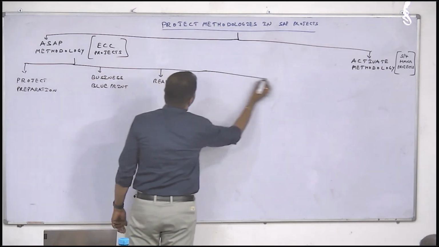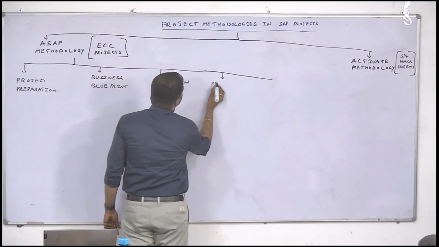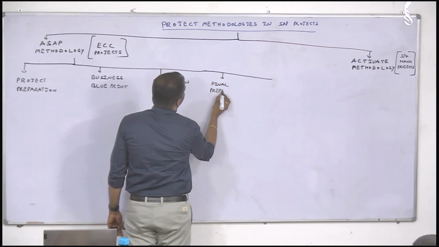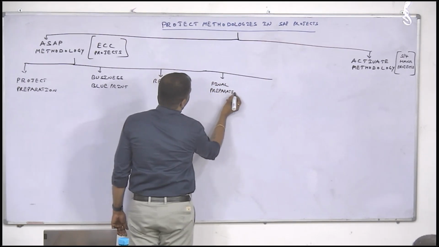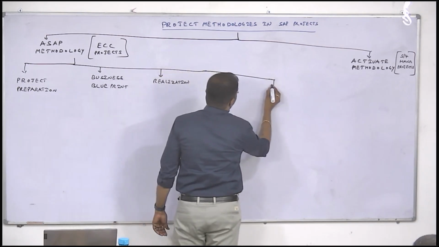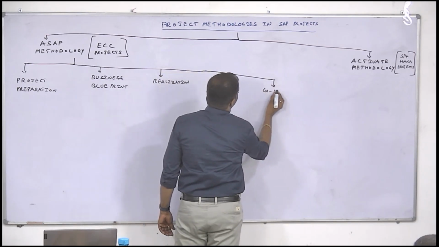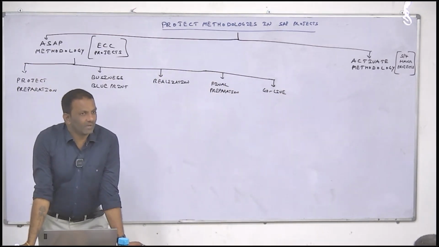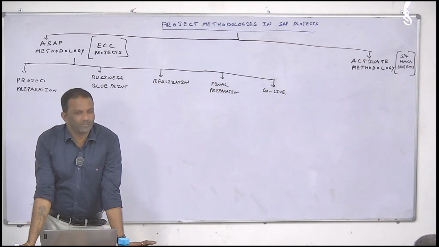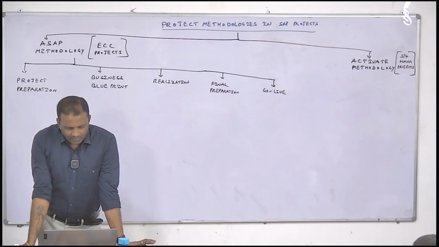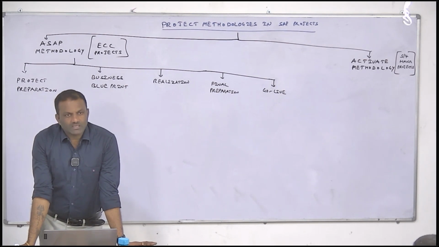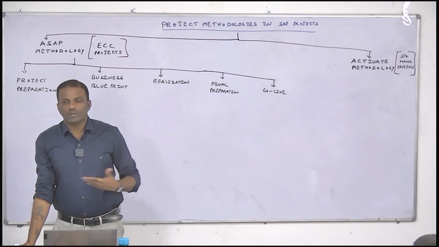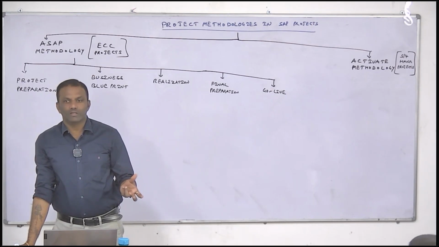What is the third one? What is the fourth one? What is the fifth one? Good. These are the 5 important steps you should remember. Even though we have S4HANA projects, why am I discussing SAP methodology also? Because the steps are the same, the process is the same, but the methodology is different.